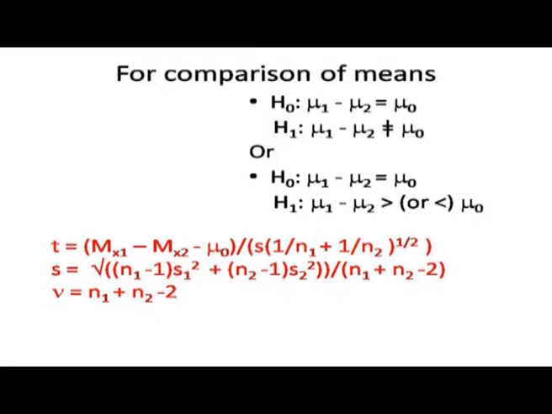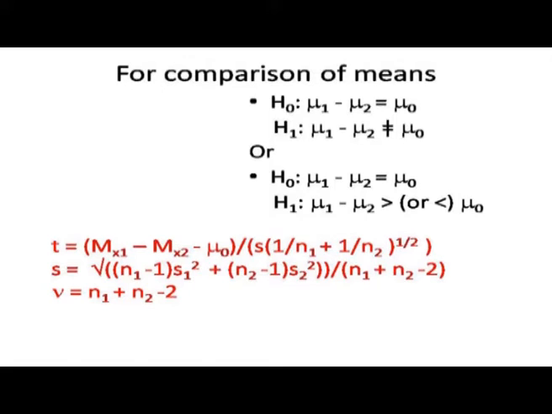What actually it means is that if the two samples are independent, the variances of the samples separately are s square by n 1 and s square by n 2, and variance of the difference would be s square by n 1 plus s square by n 2, and square root of that is s root 1 upon n 1 plus 1 upon n 2.